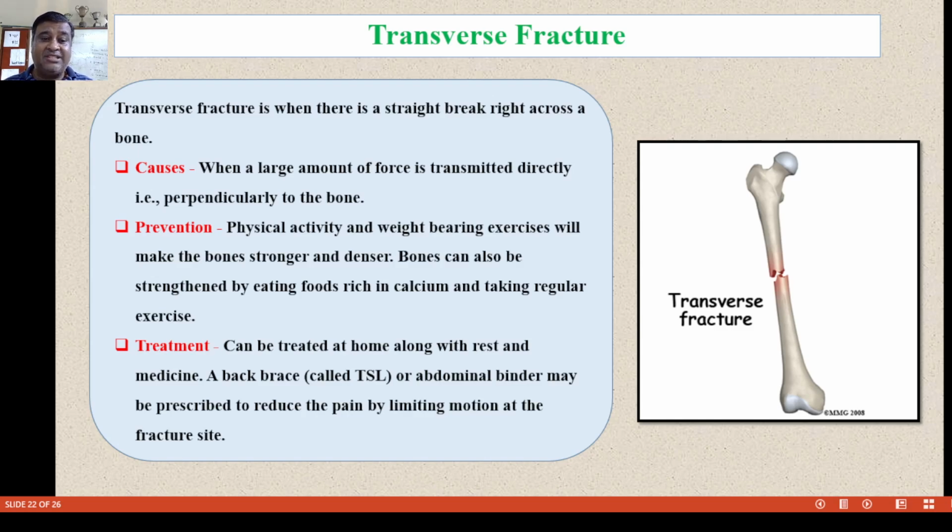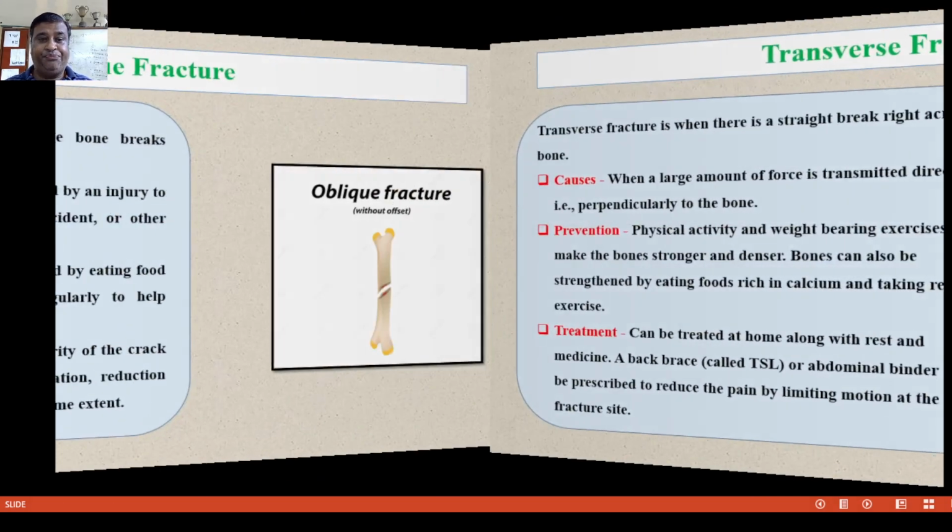The bones can be strengthened by eating food rich in calcium and taking regular exercise. What are the treatments? Rest and medications. Pain relievers are prescribed to reduce the pain, and we have to limit motions, that is, limit movements, while the fracture is healing.